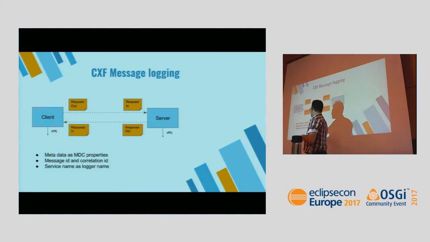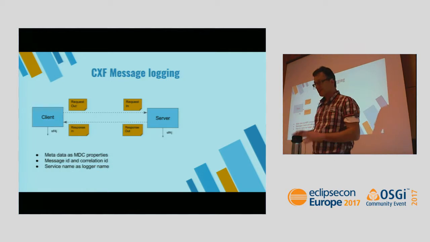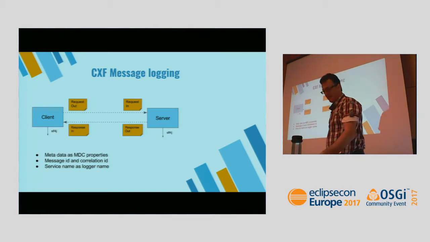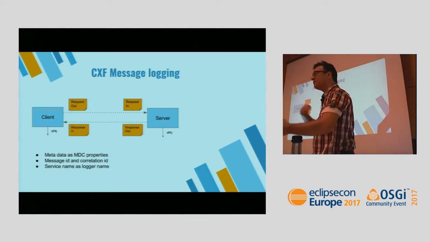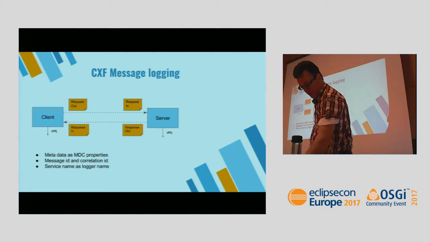And there's also a correlation ID for an exchange in CXF. That means the request and response get the same correlation ID and are also logged, so you can also correlate request and response together. So this is a nice thing. It's standard in CXF. Doesn't have anything to do with Decanter, but works perfectly with it.